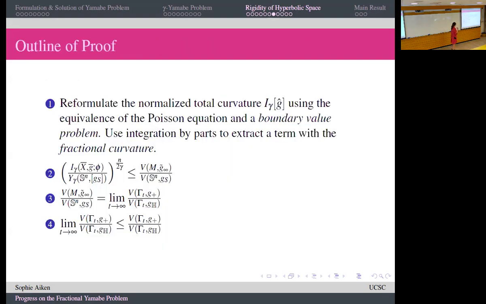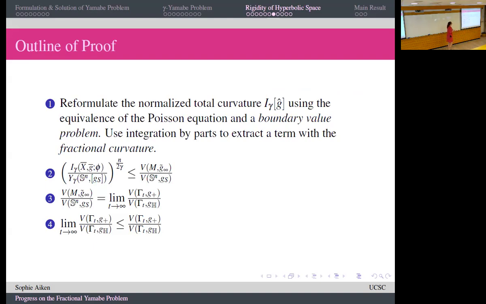Okay, and so a brief outline of their proof for showing this lower bound. They want to reformulate the normalized total curvature in a more useful way this time. So rather than defining the scattering operator and the regularized scattering operator using the Poisson equation, they're going to use a different boundary value problem.